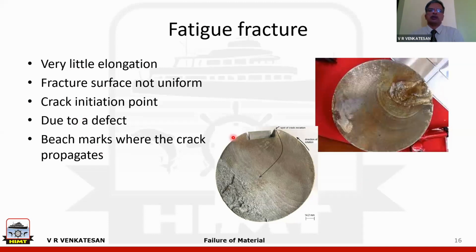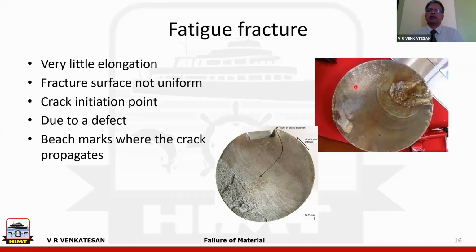So this portion, where the crack started from here and is moving till here, these portions are called beach marks. You can see slight wavy marks. This is similar to the sand marks you will see on beaches. That is why it is called beach mark.